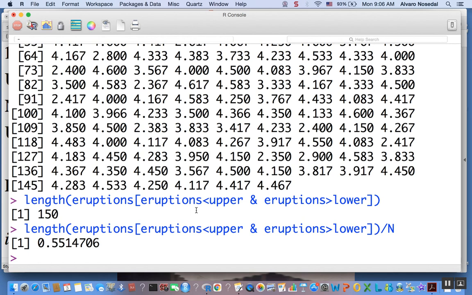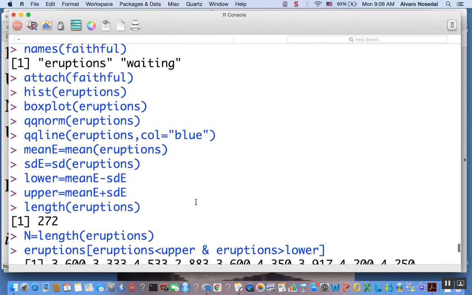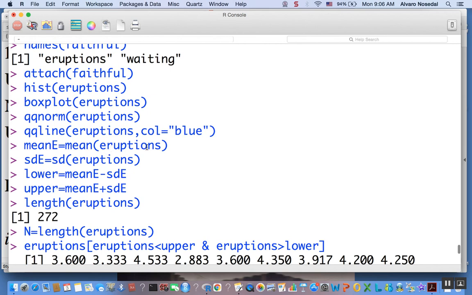And finally, what we did is we used those tools to assess the normality of a sample of a data set, in this case eruptions. Okay, and in this case, using these tools, the assumption that that variable eruptions has a normal distribution doesn't seem to be reasonable. Okay, make sense?